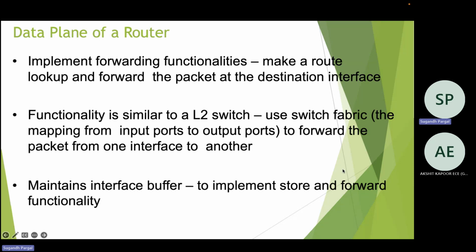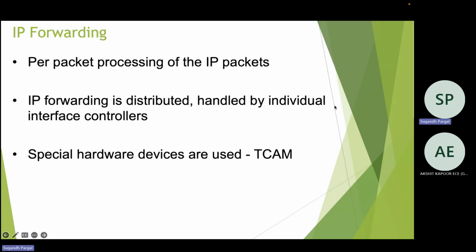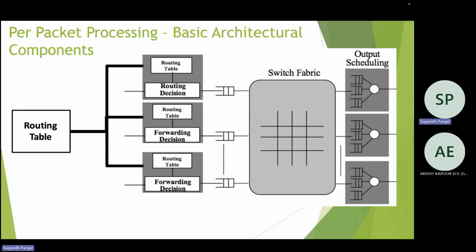It maintains interface buffers to implement store and forward functionality. So in IP forwarding, per packet processing of the IP packets takes place, and IP forwarding is distributed, that is, handled by the individual interface controllers, not in a centralized manner. And the special hardware devices which are used for IP forwarding is known as TCAM.